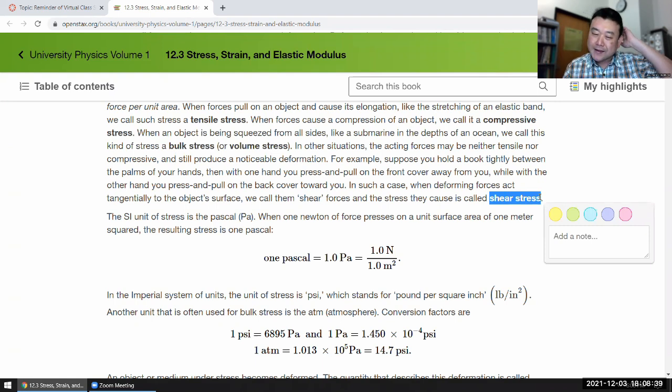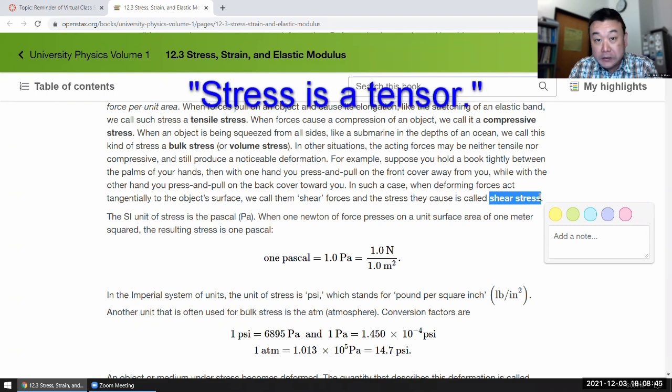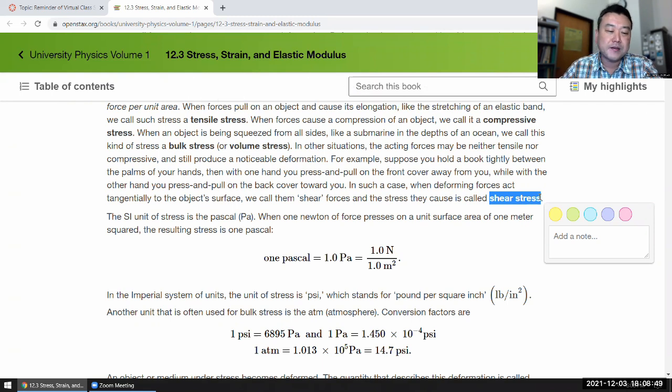There's a saying that you might hear in an upper division mechanics, which is that stress is a tensor. What is a tensor? All that's meant to say is that stress is a mathematically more complicated object than a scalar, which is just a number, or a vector, which is just a column vector or row vector. Stress is a matrix.